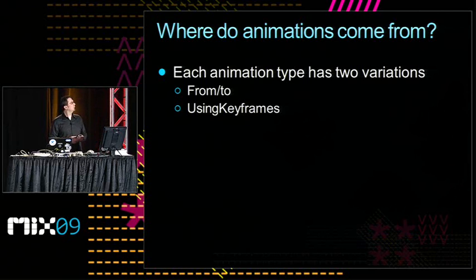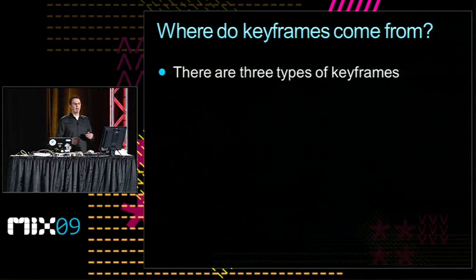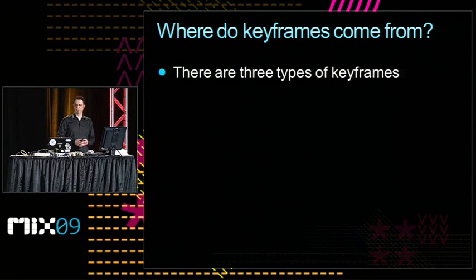So we know storyboards are containers for animations. Animations are containers for keyframes. So that leads to our next question. Where do keyframes come from? Now here's another look at the keyframe that was just created for us in the project in Blend. But there's more to it than what you're seeing right here. There are actually 3 types of keyframes available to you in Blend.